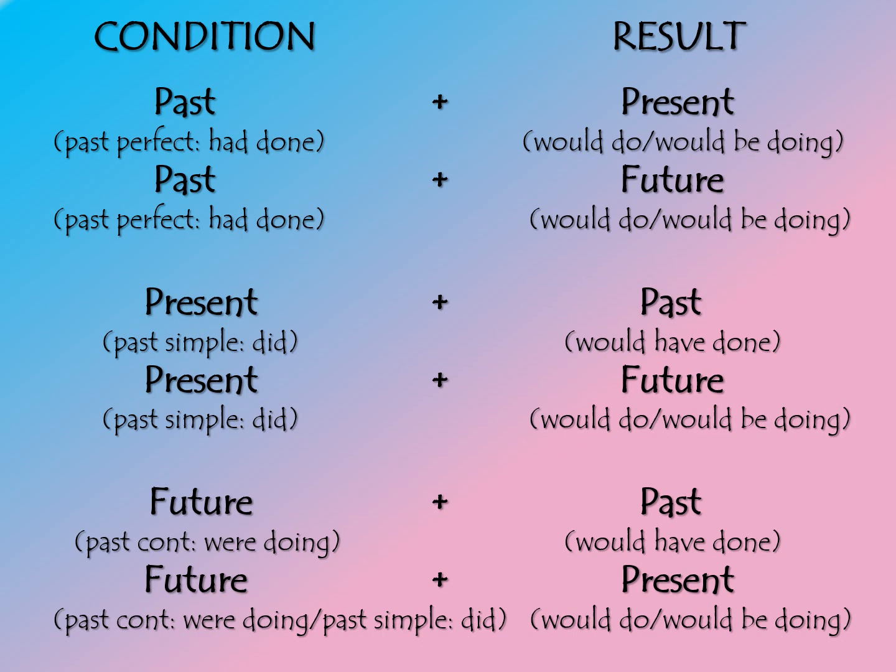For the condition, past is always had done, present is always did, and future is usually were doing. For the result, past is always would have done, while present and future are the same, either would do or would be doing. You'll probably want to come back to this screen later on as a reference when you try to make your own sentences.